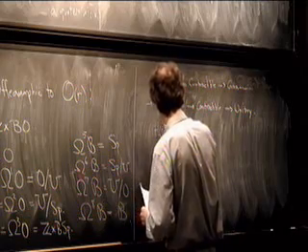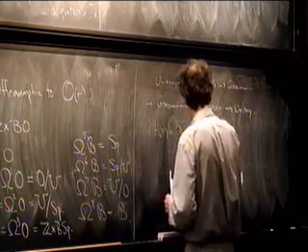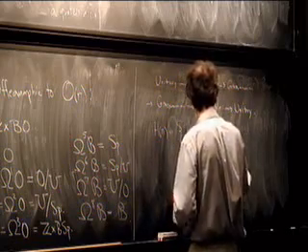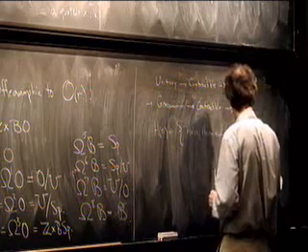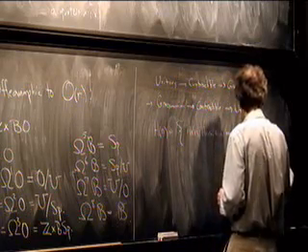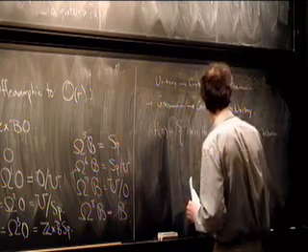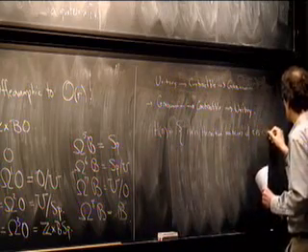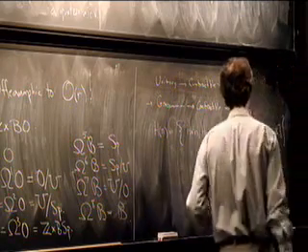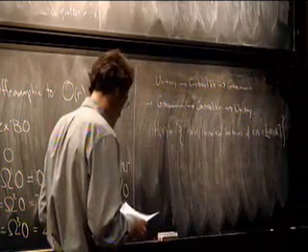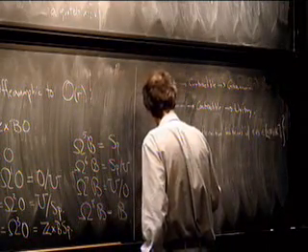Let H of n be the space of all n by n Hermitian matrices with eigenvalues in the closed interval from minus pi to pi. And let's observe that this is a contractible space.